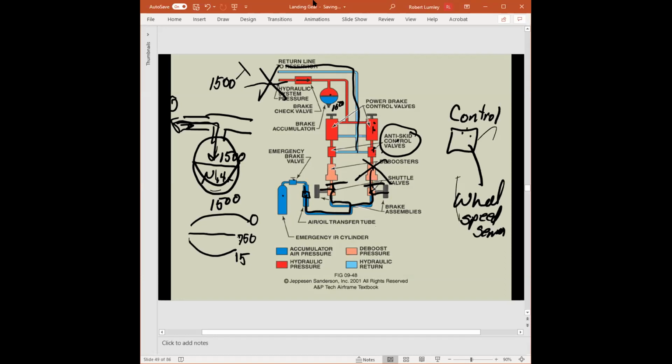The emergency brake system, though, is pretty much, if you turn it on, you can increase the pressure to engage the brakes harder and harder, but you can't release the pressure, okay?